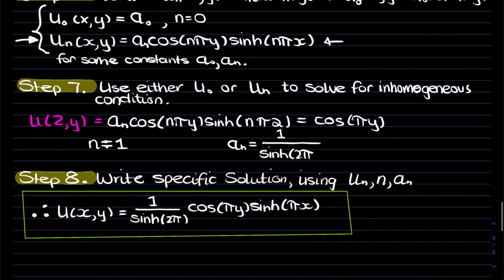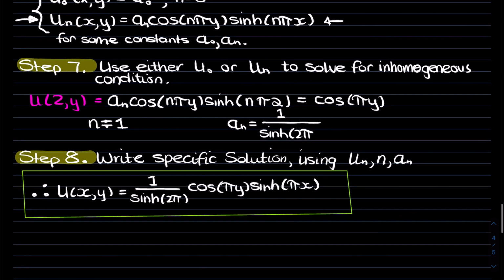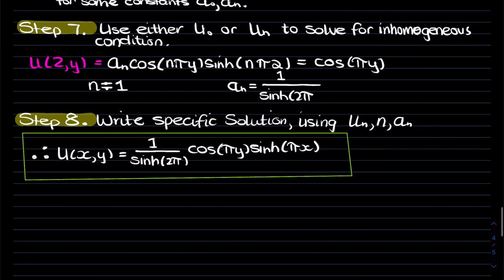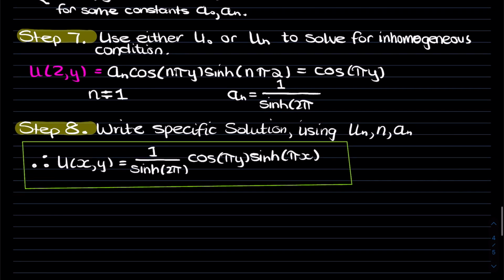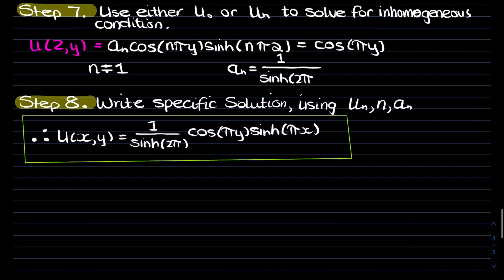Now, step 7 was to use either our u0 or u of n to solve for the inhomogeneous condition. In this case, we only needed our u of n, but if the inhomogeneous condition looks a little bit different, you may need your u0. We solve for A_n and n, and we just wrote what A_n and n were back into our u of n, and that's our specific solution.